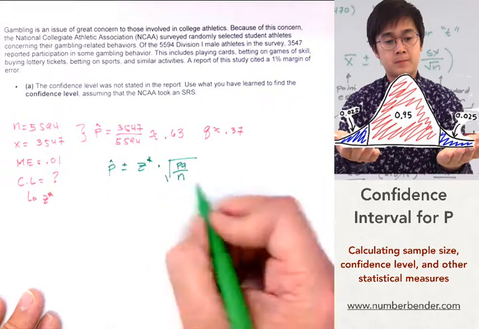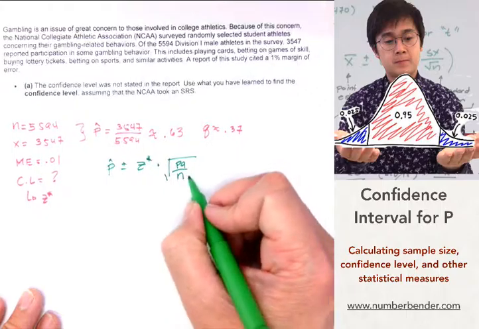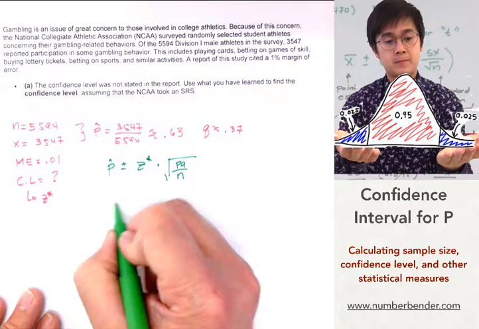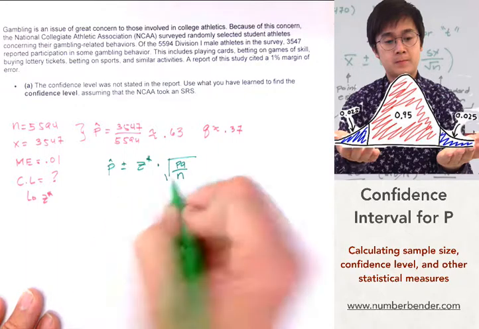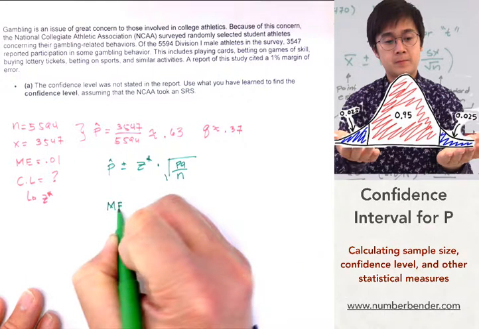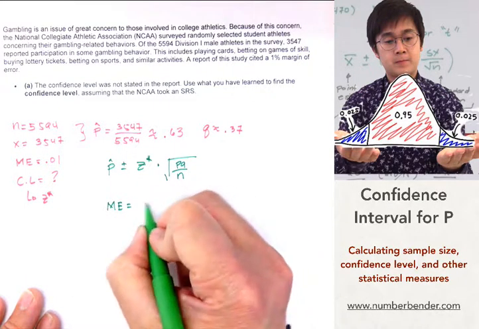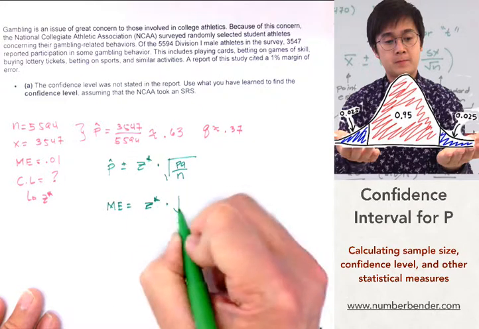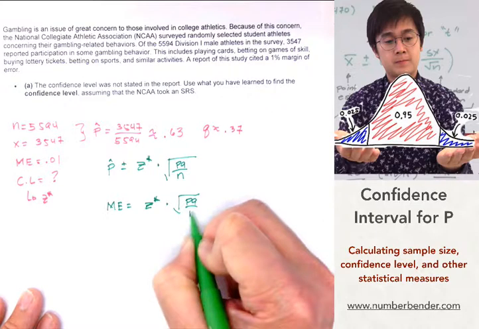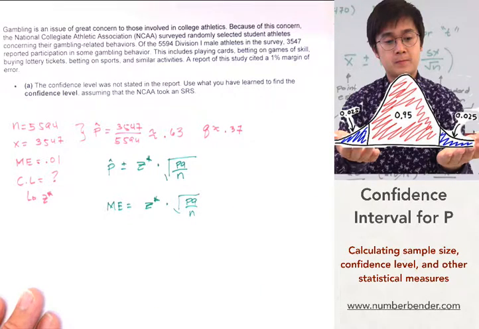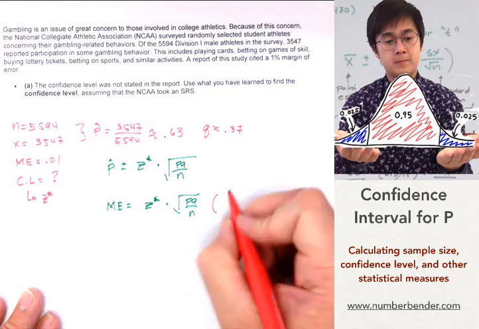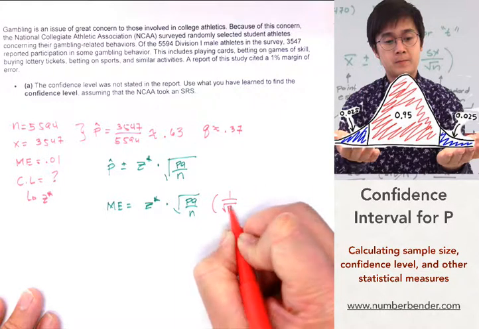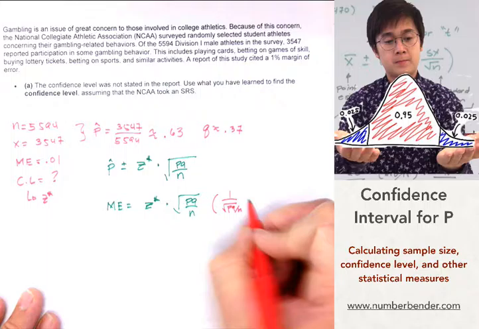So, we have the margin of error equal to Z star times the square root of PQ all over n. To have Z star by itself, we will multiply this by 1 over the square root of PQ all over n.